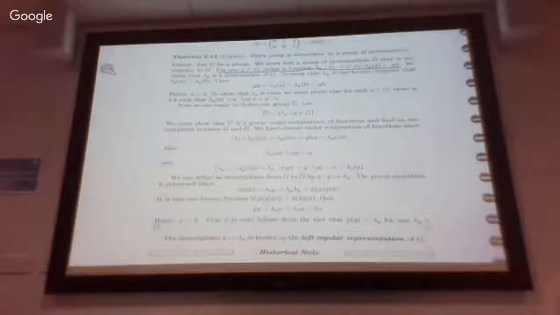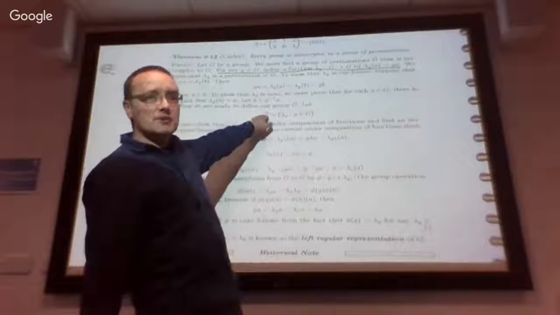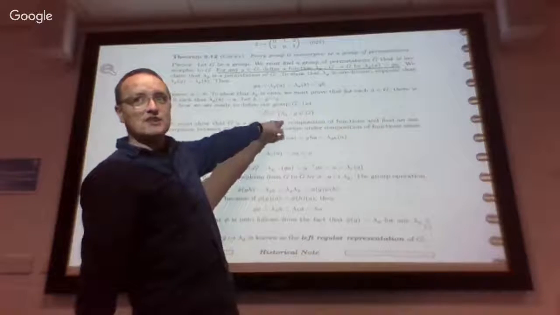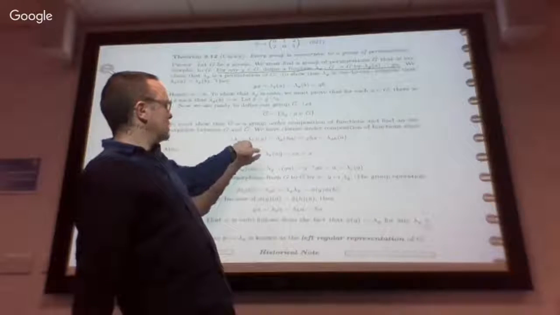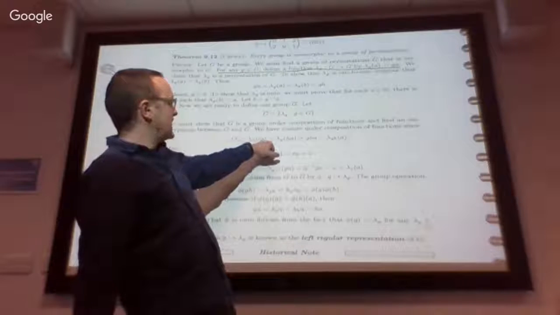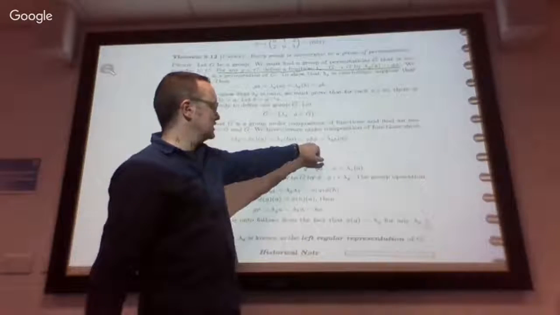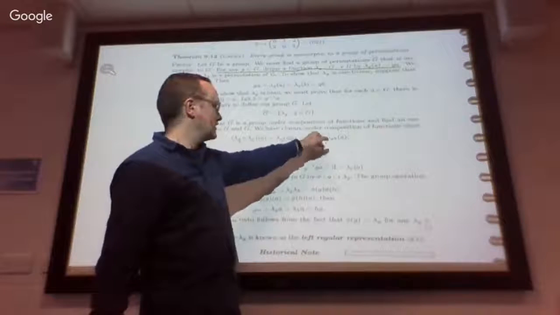It's closed because if you compose two maps, remember, it's a group of functions, so the group operation you're going to be using is composition. You compose two of these lambda maps. The effect that has on A is to multiply A by G times H. Because you're in a group, everything's associative, so we don't have to put in the brackets.